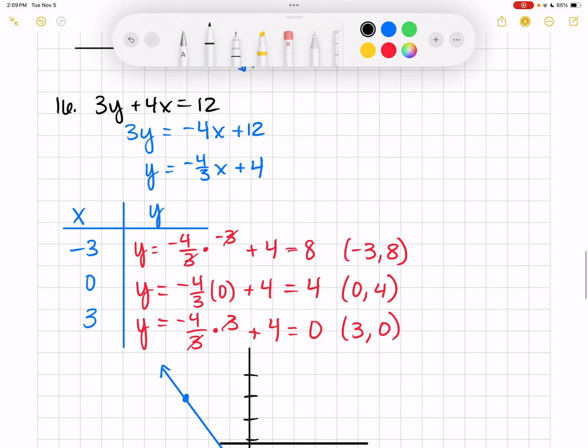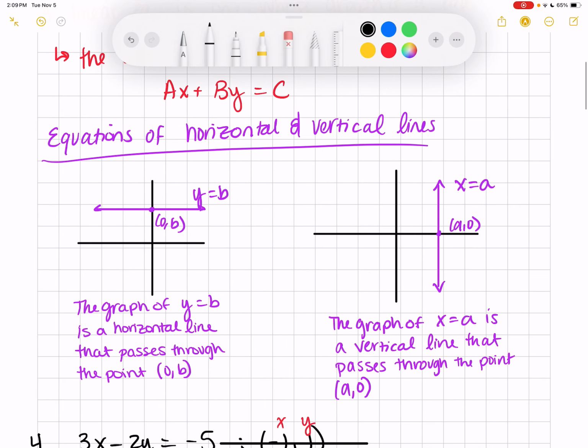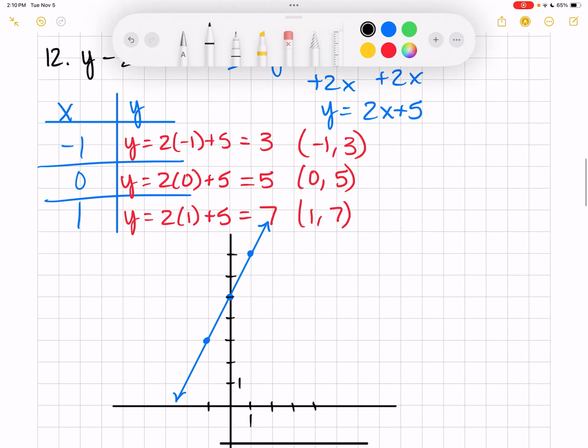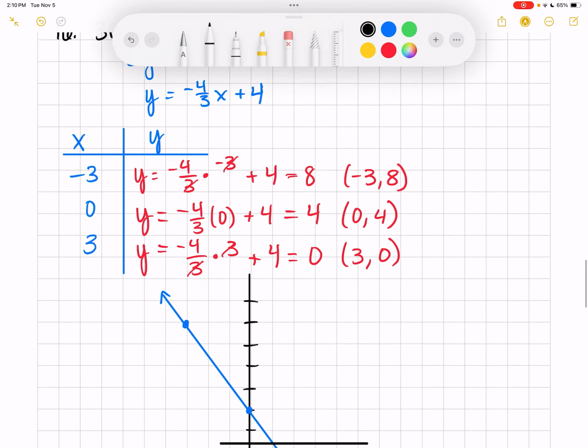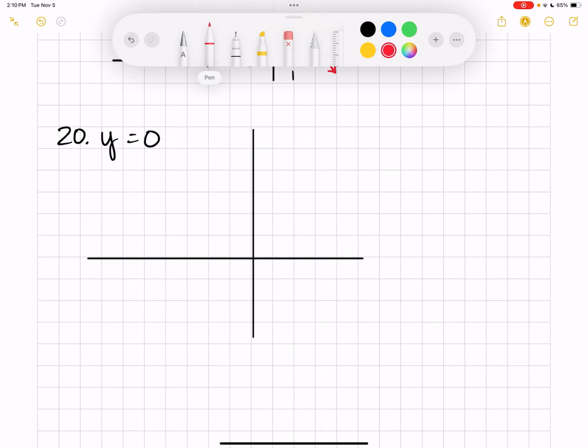Up here, we said when I have y equals some number, it's a line going straight across like this, correct? So if y equals 0, that means it's horizontal at 0.